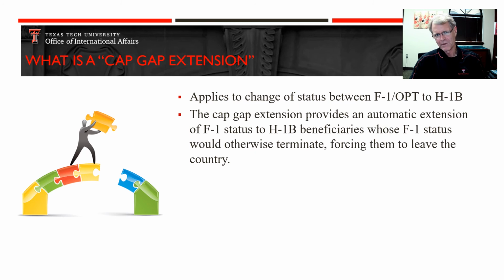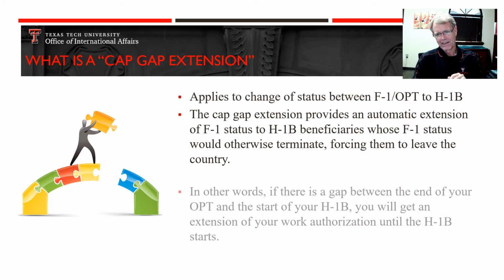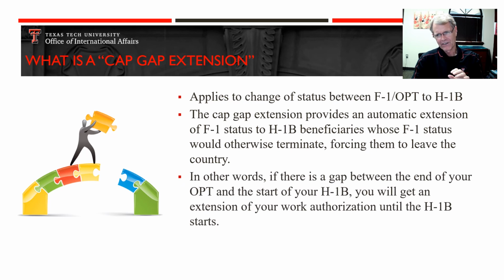And it's helpful because often there is a gap between when your F1 OPT stops and when the H1 work starts. And you can fill that gap. So if there is a gap, let's just give you an example. Let's say your OPT ends in July. Typically H1s, because of complicated reasons, start in October.